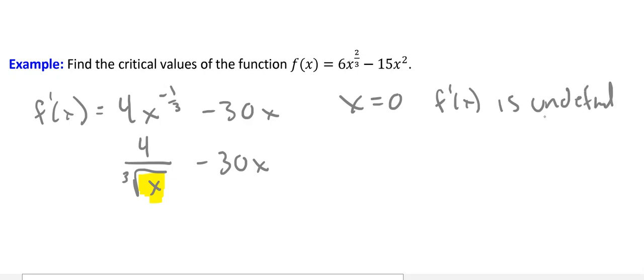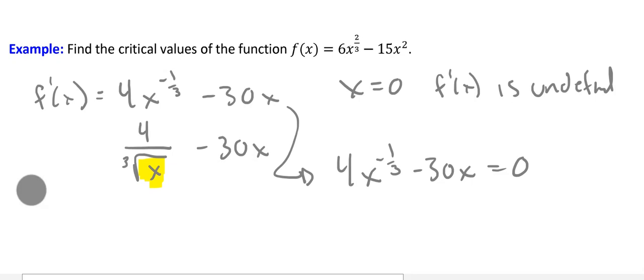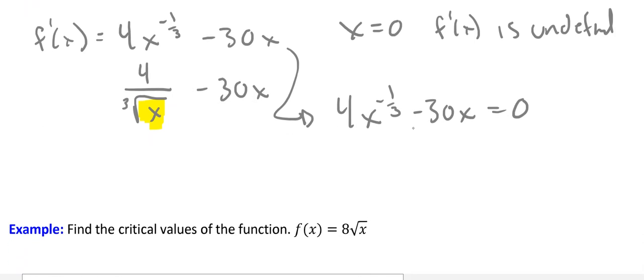We now need to find any other critical values. So let's take this and set it equal to 0. So 4x to the negative 1/3 minus 30x equals 0. We can factor out a 2, and the lowest power of x is x to the negative 1/3.